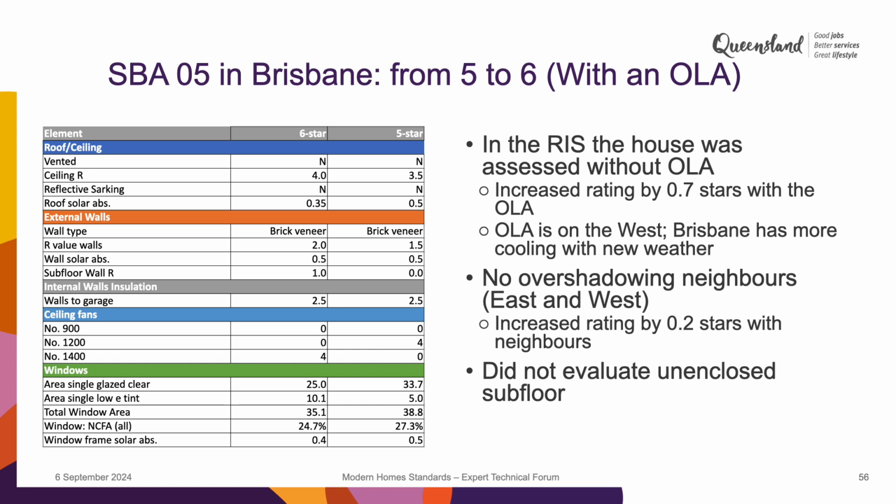When we put neighbours either side in this one, it actually reduced the rating in a place like Toowoomba. In a place like Brisbane, it increases the rating again, not by as much though, because this time I was assuming that you had a single story house overshadowing the single story house.